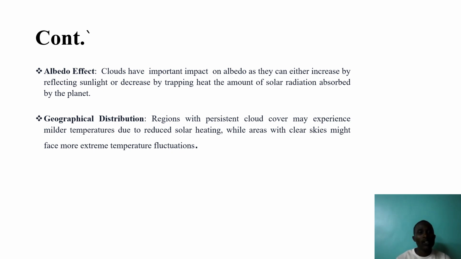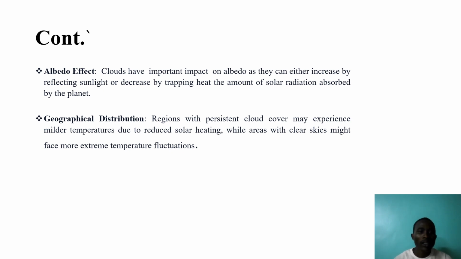Seventh is geographical distribution. Areas where clouds persist in their cover may experience milder temperatures due to reduced solar heating, while areas with clear skies may face more extreme temperature fluctuations.